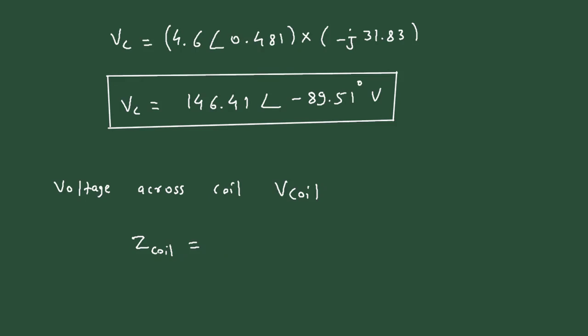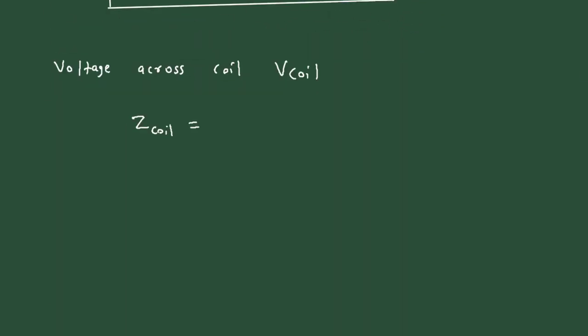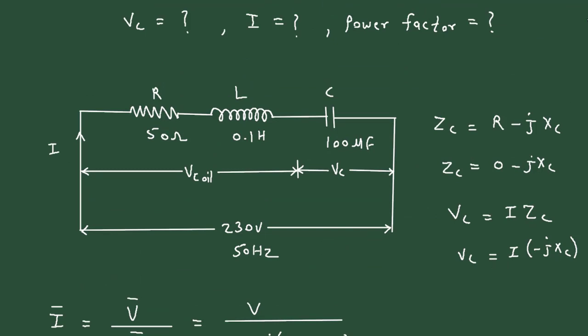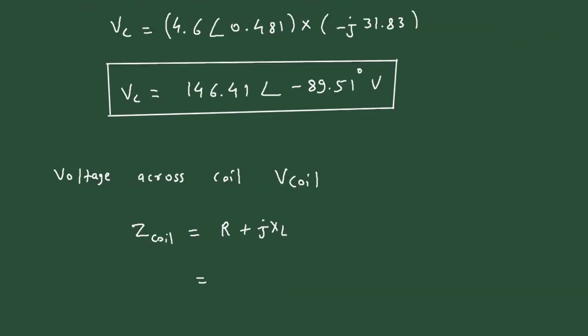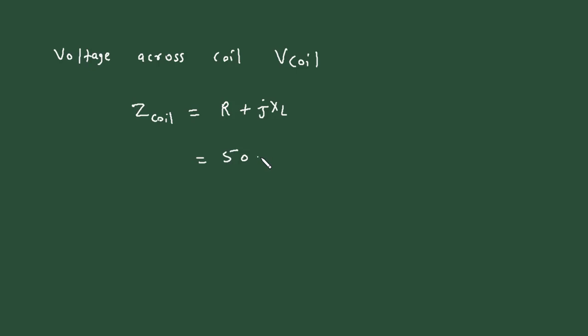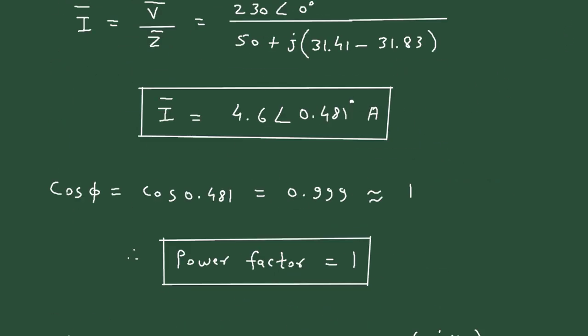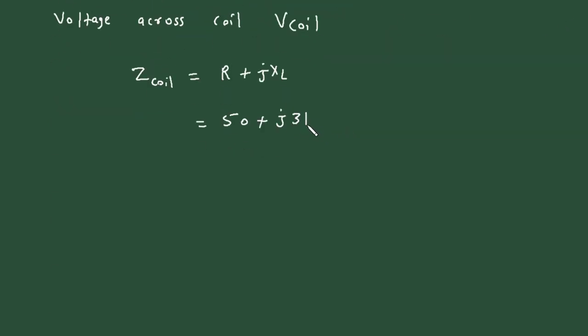Z coil will be equal to R plus jXL. Now the value of resistance R is 50 ohm. So it will be 50 plus jXL. The value of XL we have already calculated, it is 31.41. So this is Z coil.